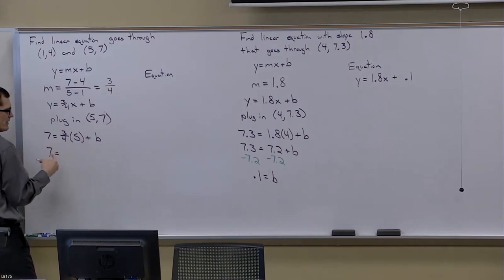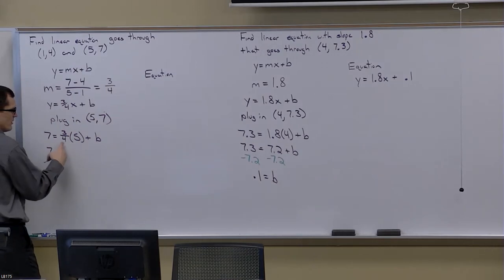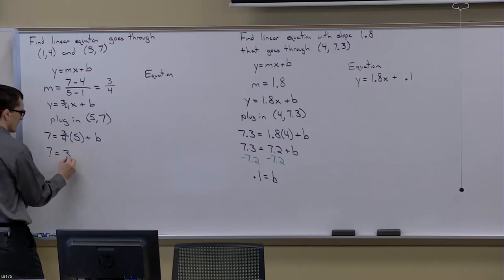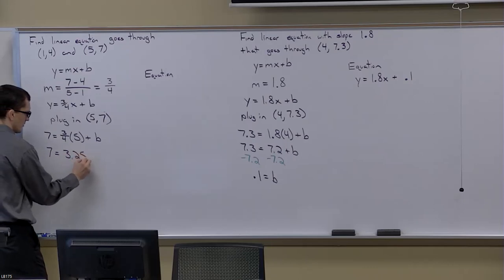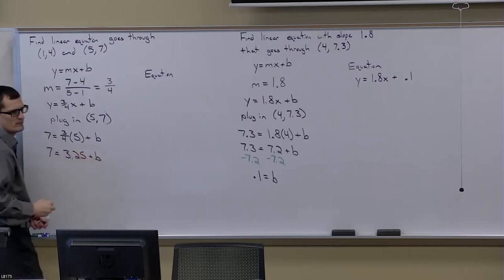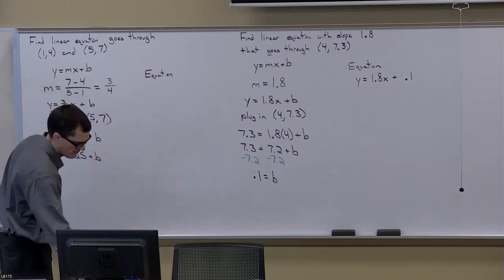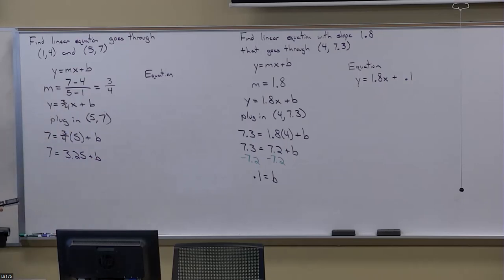Now, depending on how you want to write this, 3/4 times 5 is like 3.25, I believe. I do that in my head, but 15/4. 7.5, sorry.